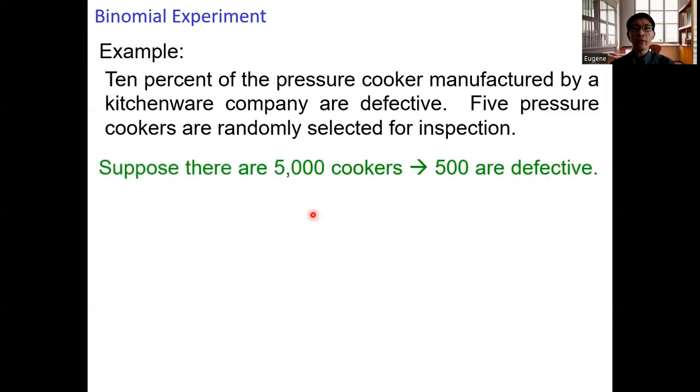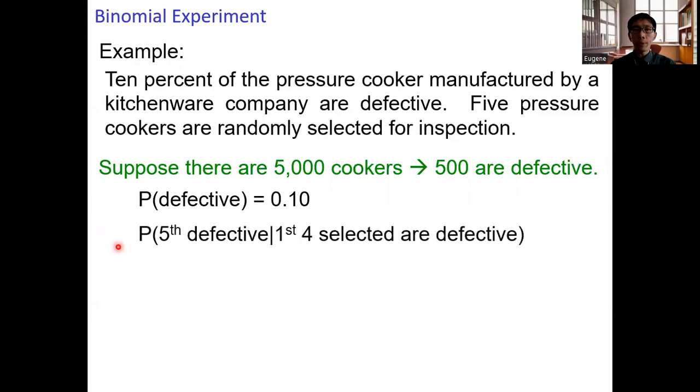How about if there are 5,000 cookers? So that is 500 defective. The defective rate is 10%. So the probability that the 5th cooker is defective, given that the first 4 selected are defective, we have 0.0993.